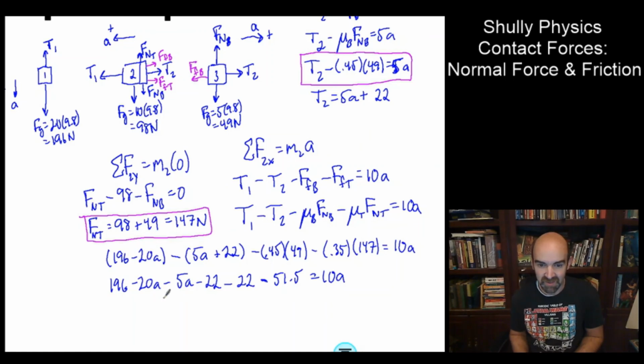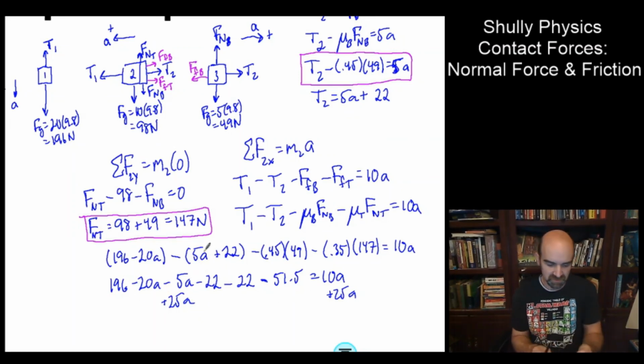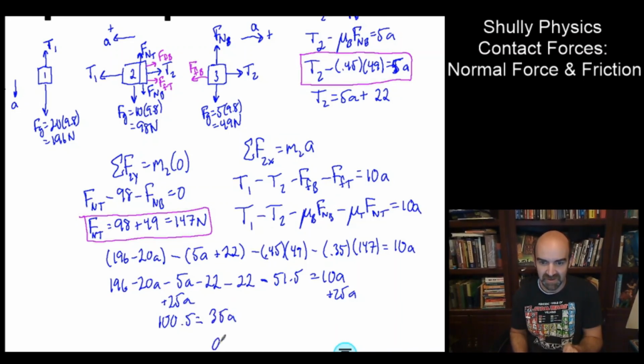We're going to add 25A to both sides and then take care of all the rest of this stuff. So it's 196 minus 22 minus 22 minus 51.5. Hopefully, good, that's a positive number. And we get 100.5 equals 35A. It's cleaning up.